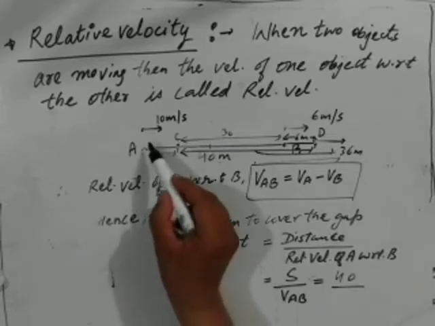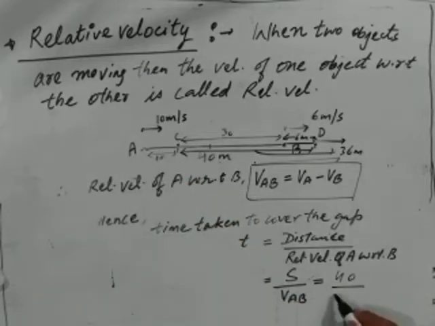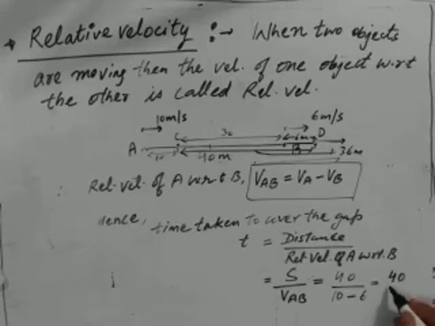The velocity of the object lying at A is 10 meters per second, and the object lying at B is having velocity 6 meters per second. So this will become 40 upon 4, and the time taken will be 10 seconds.